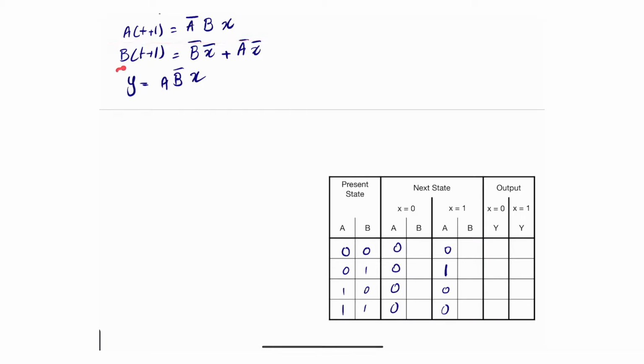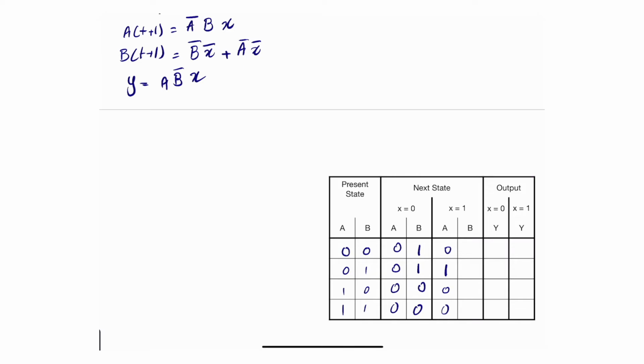For flip-flop B, I'm going to take a look at this particular circuit. I can start with A prime, X prime, so I'm looking for A is 0 and X is 0. That is here and here, and now this will be 0, this will be 0.